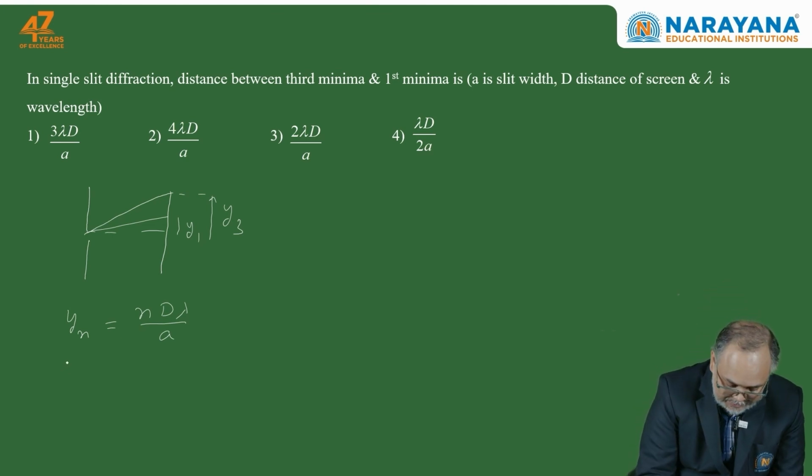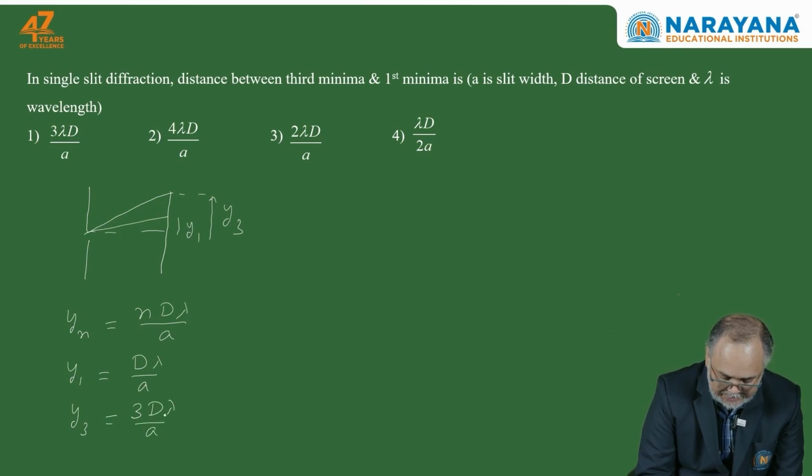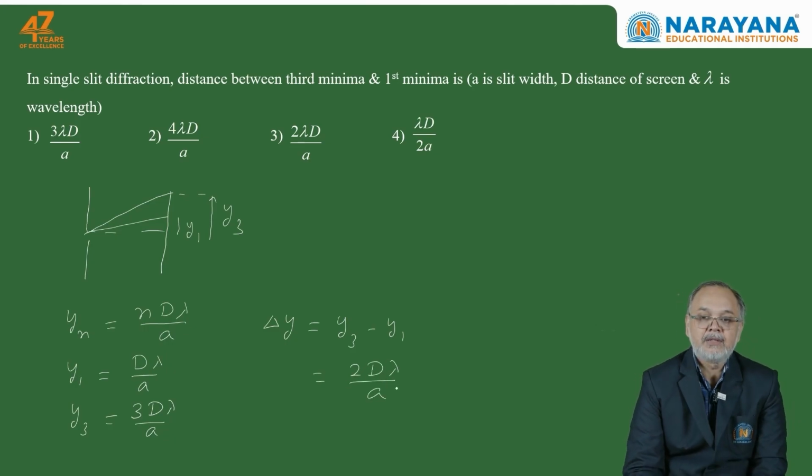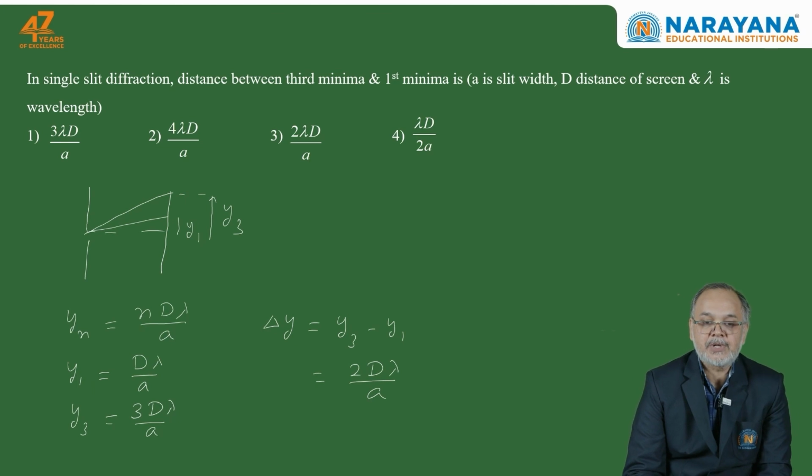So y1 is D lambda by A, and y3 is 3 D lambda by A. The separation between those two, delta y, equals y3 minus y1, which you have to find here. This comes out to 2 D lambda by A. So we can see that option 3 is the correct answer for this problem.